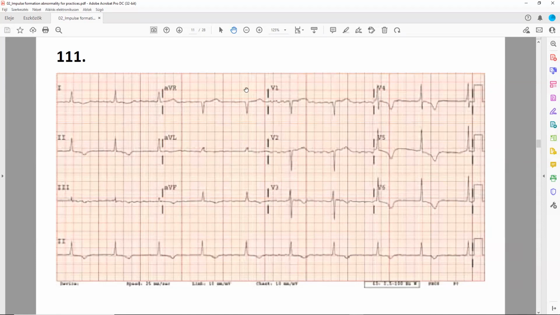So the third-degree AV junctional block is the combination of junctional escape rhythm and atrial fibrillation? No. Third-degree AV block means there is no connection between the atrium and the ventricle. But the patient can survive if we have some kind of escape rhythm originating from below the block.